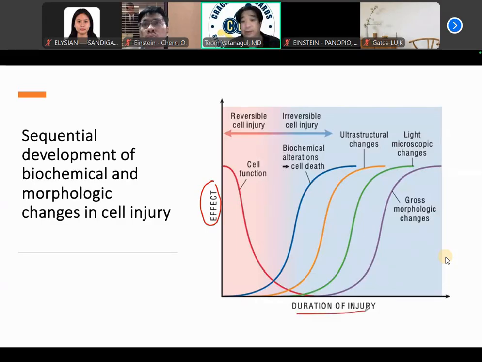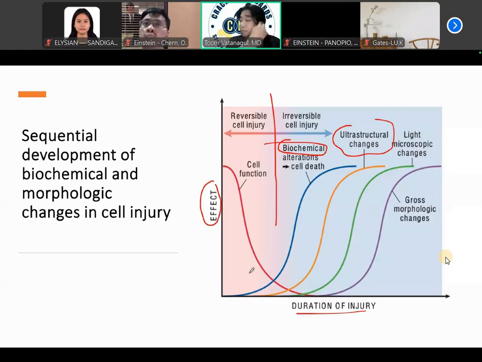So the longer the injury is, biochemical alterations will occur, which eventually can lead to cellular death. Ultrastructural changes occur, as well as slight microscopic and gross morphologic changes. So the dictum is this. Once there are already alterations, biochemical, structural, morphologic, that is the border between reversibility. So please remember that.